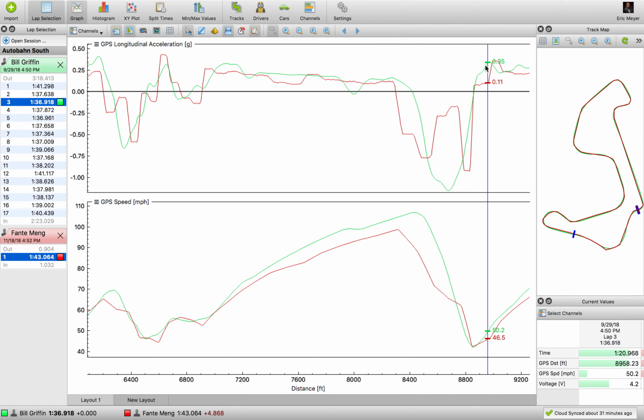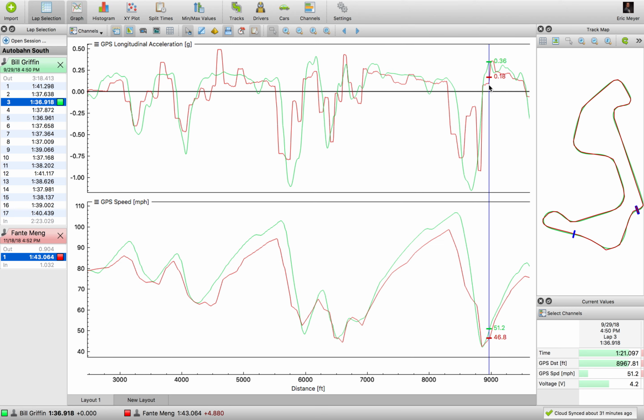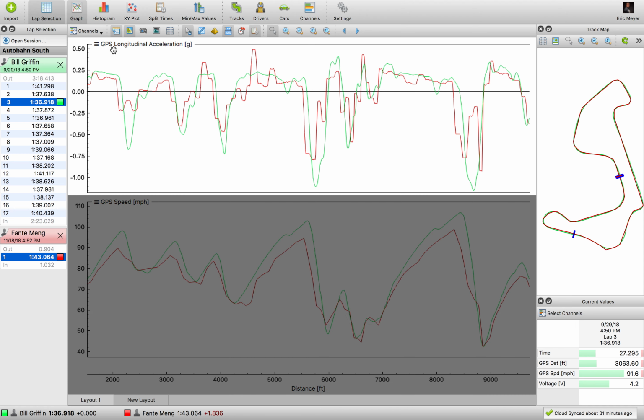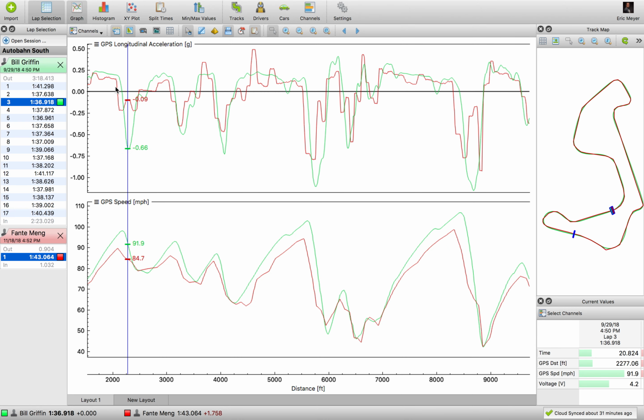We can get an idea of what Bill's doing with his throttle right here: he goes to throttle, there's a little less throttle rate application, and he goes to more throttle right here. Here it appears that this driver is going to throttle, waiting, and then mashing the throttle again, which I really doubt this driver is doing. So you really can't tell what your feet are doing here, guys. And if you can't tell what your feet are doing, how are you going to figure out how you're driving the car? You can't.